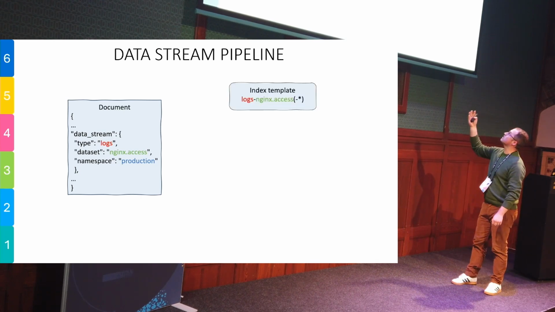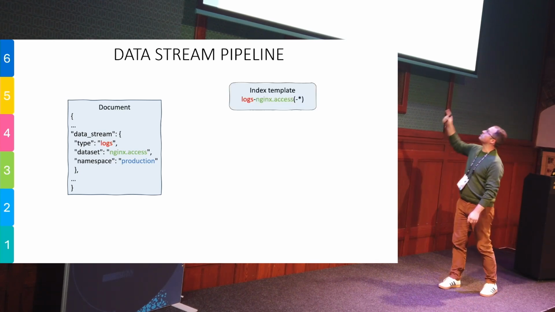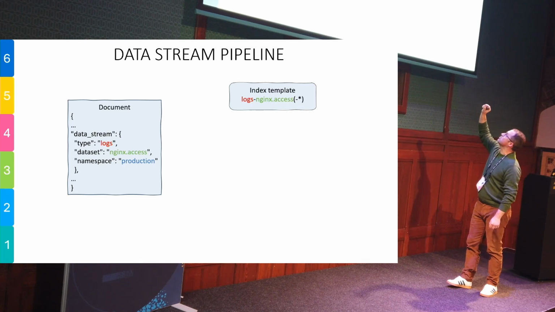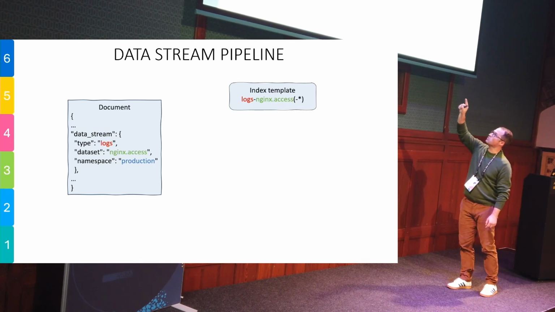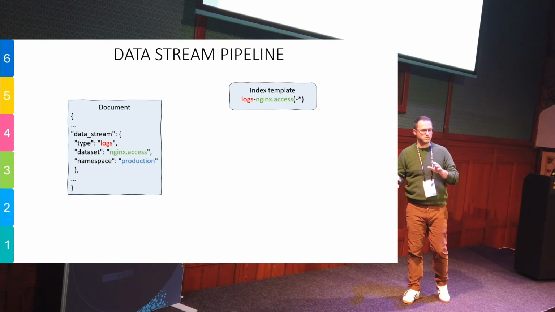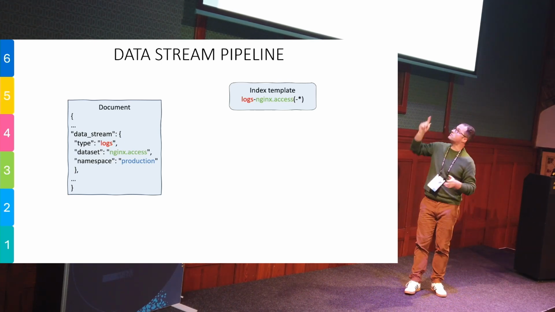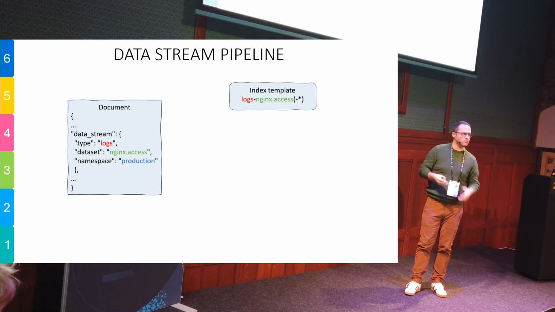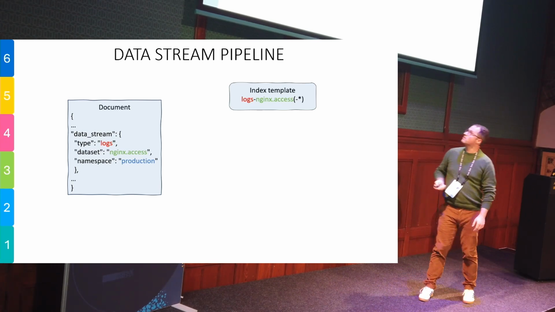And it goes to the index template. Index template, here we see the name. And if you add the wildcard, it will match the production part, the namespace. So namespace doesn't matter. This template will pick everything up. That's logs, nginx.access, and you can fill out whatever you want.